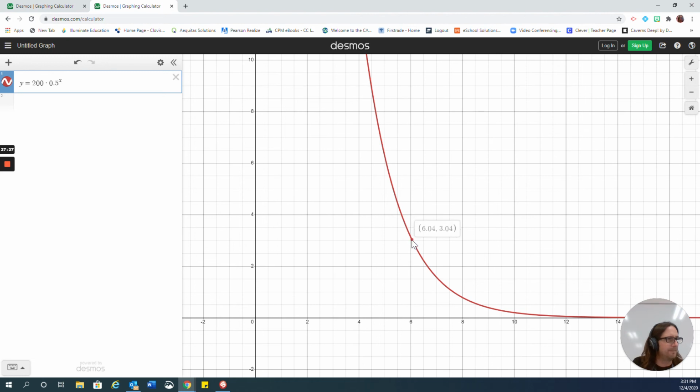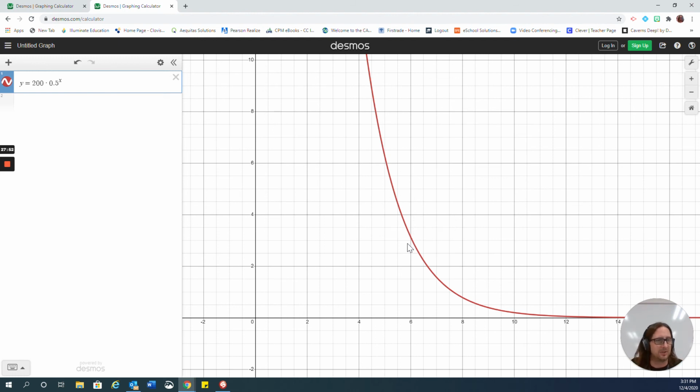There we go. Oh, go back. Please, be nice to me. Ah, there we go. So the x value there is 6. So you can actually use graphs to solve these. If the y value is 3.125, this says the x value should be 6.